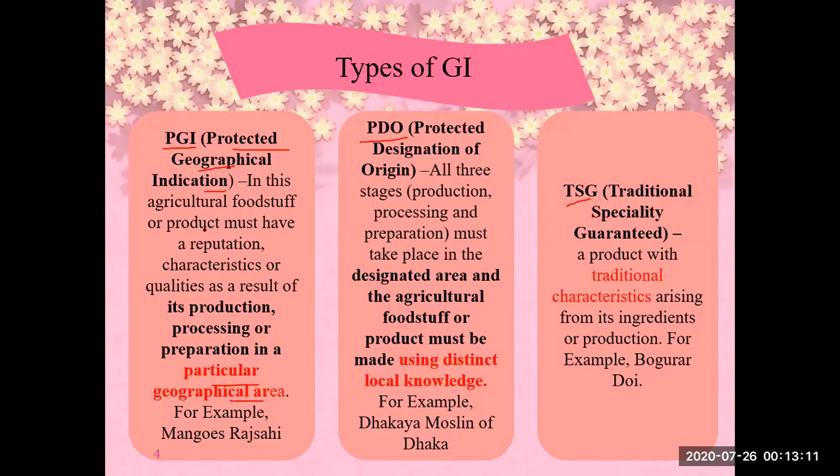For example, it is used for agricultural foodstuff or products for the reputation or qualities of that area, the best place for that product. For example, mangoes of Rajshahi. That means mangoes are best produced or most produced in Rajshahi. That is PGI. Then our second one is called PDO or Protected Designation of Origin.